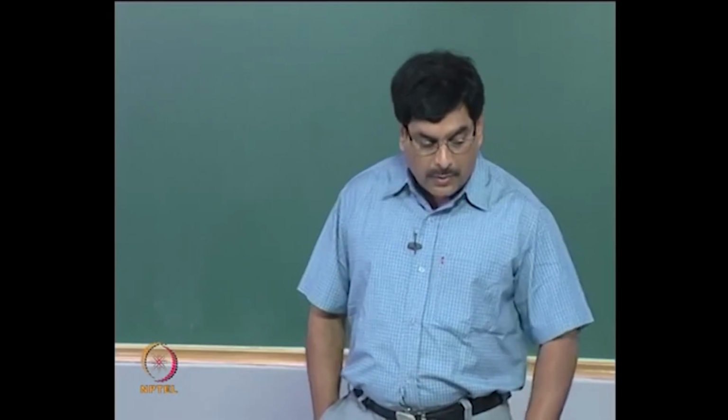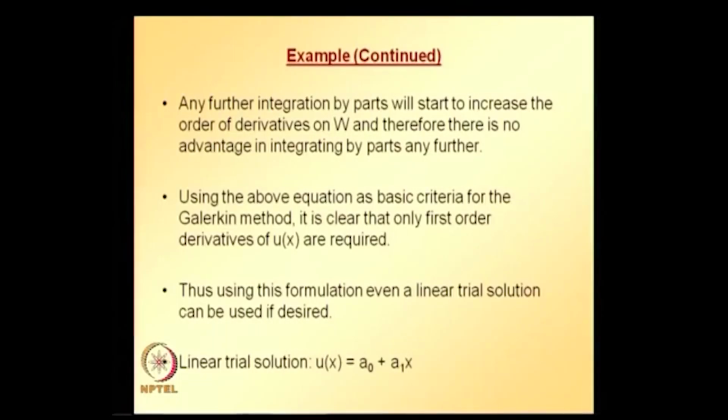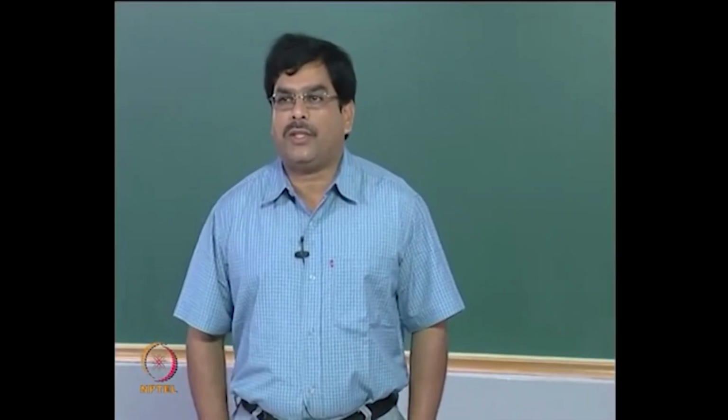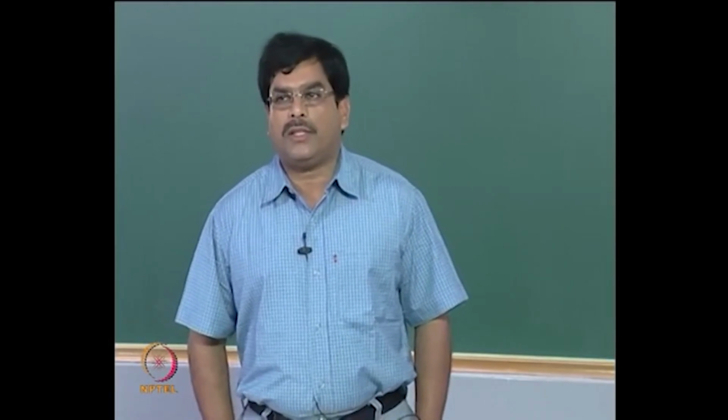So the linear trial solution that is assumed is here u is equal to a naught plus a1x, and the rest of the procedure is similar. So what you need to do is you need to make sure this trial solution is admissible, that is you need to substitute the essential boundary condition into this and reduce the number of unknown coefficients.